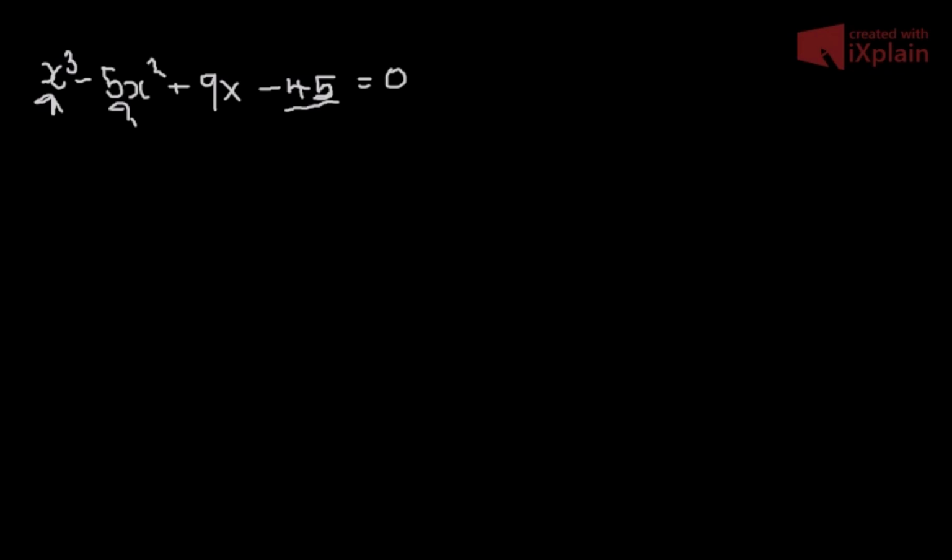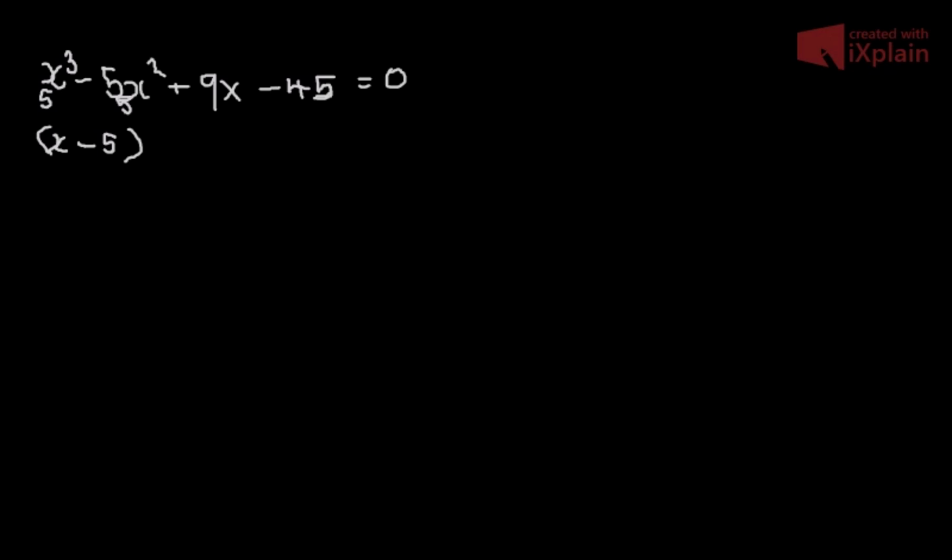Right. So in this one, I find that the smallest factor of 45 I can use is 5. That is why when I put 5 here instead of x, I get 0. Because I use the positive 5, I have to write it like this, right?